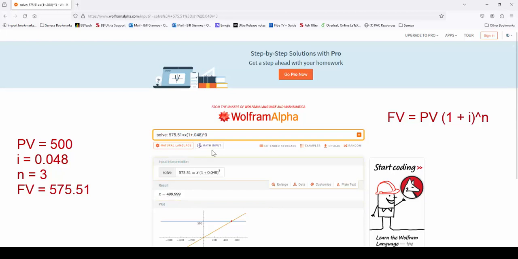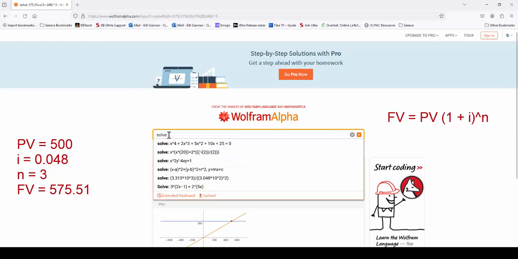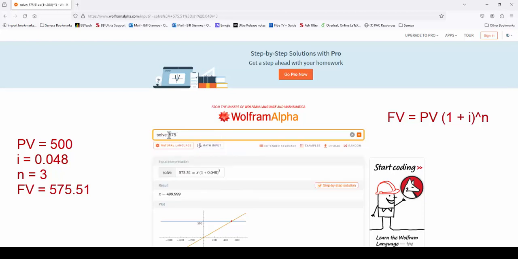Let's look for n. Let's solve the same question, but this time we're looking for n. So we've used the same formula.